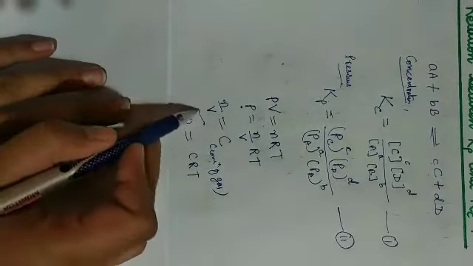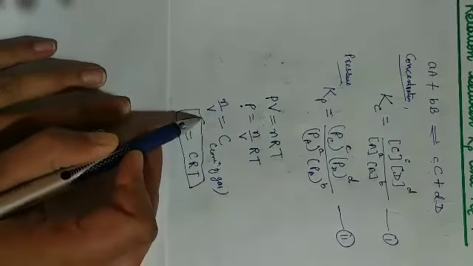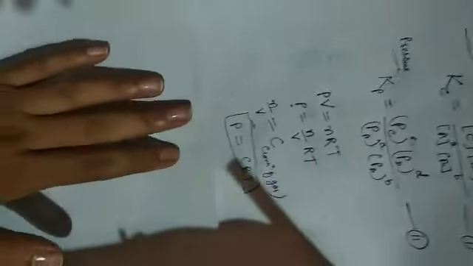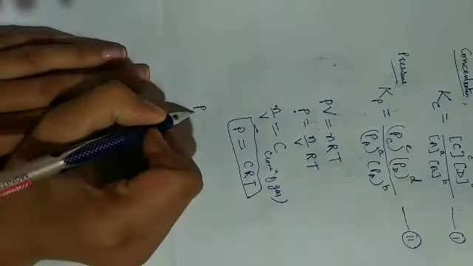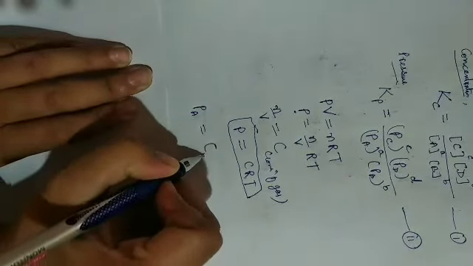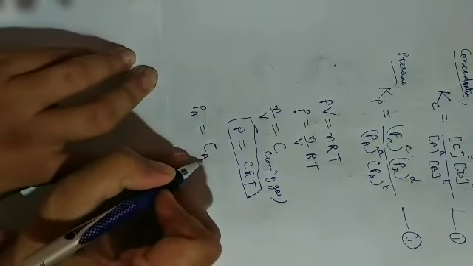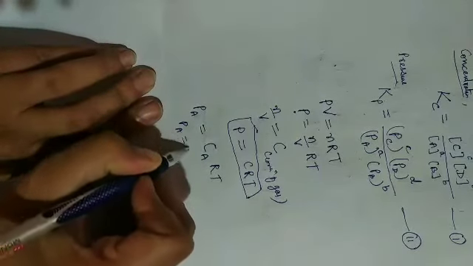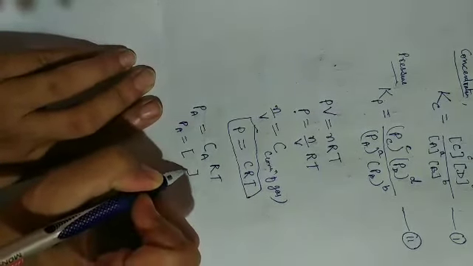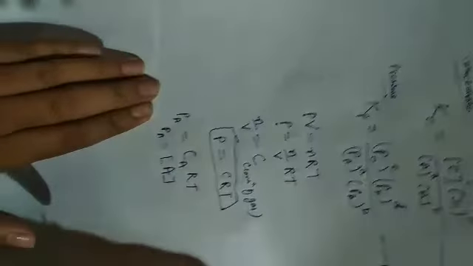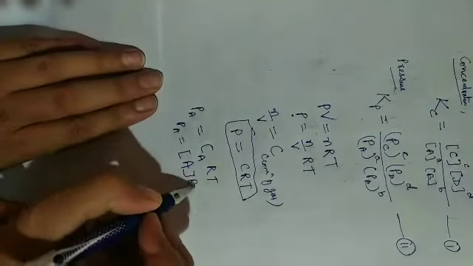Now this is the partial pressure of a gas. Suppose I have to write down the partial pressure for gas A. What will be the partial pressure? It will be written as PA, and the value of PA will be the concentration of gas A into RT. Concentration is represented in square brackets, so PA equals the concentration of reactant A into RT.